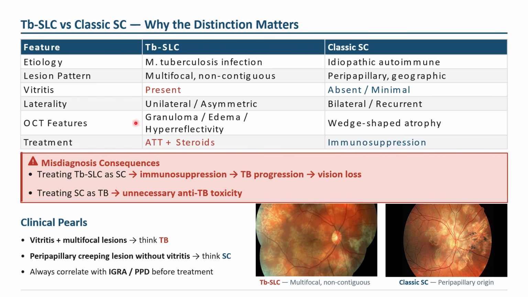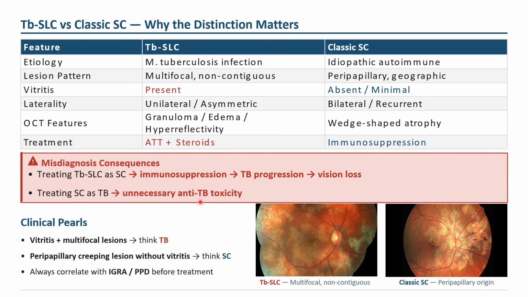Because in the tubercular variety, we have to use both anti-tubercular treatment as well as steroids. However, in the classical variety, you need only immune suppression and no need for anti-tubercular drugs, and no need to expose the patient to the toxicity of anti-tuberculous treatment if you miss the diagnosis. So it is not just empirical, providing both treatments; you should be precise in your diagnosis.